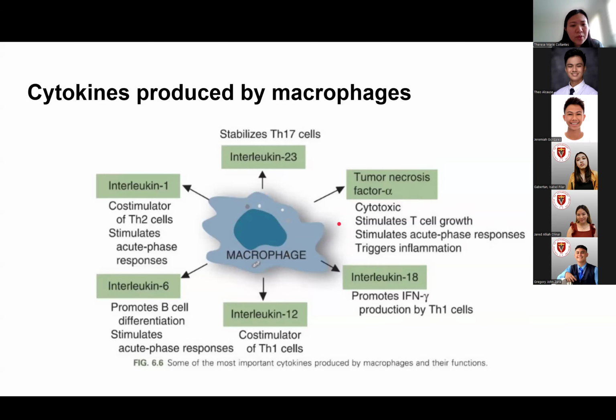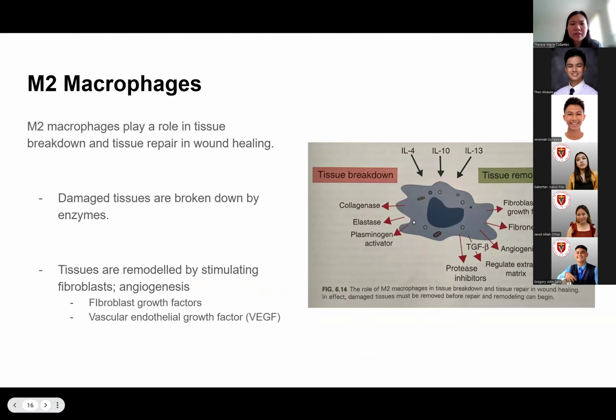Okay, so this is where we ended our lecture last time. Now we understand that macrophages also play a role in clearing, and in linking the immune system to the adaptive. Let's focus on the M2 macrophages.